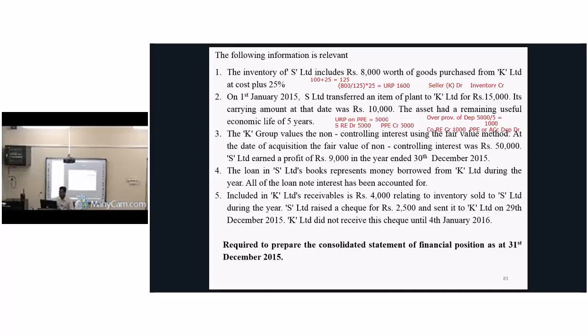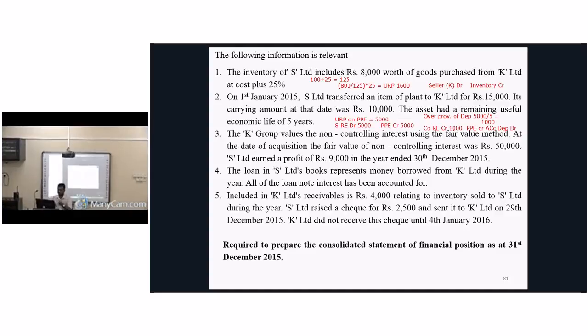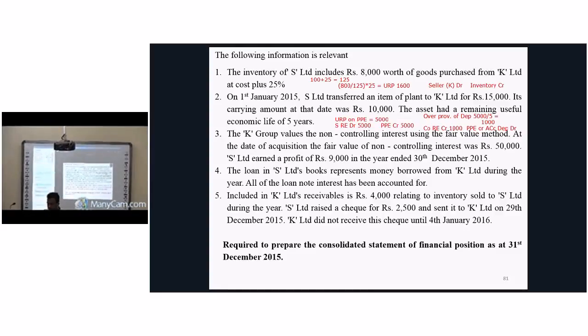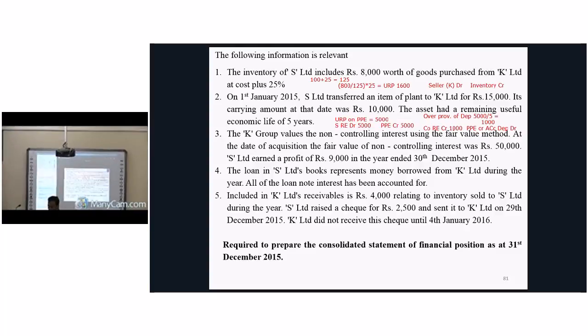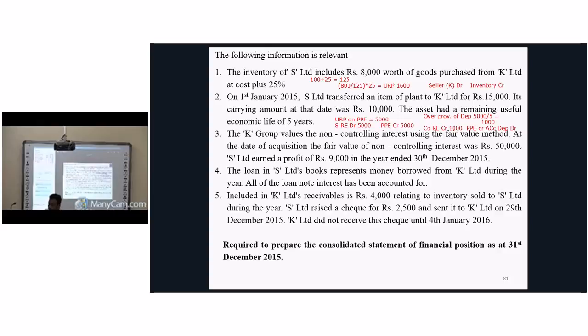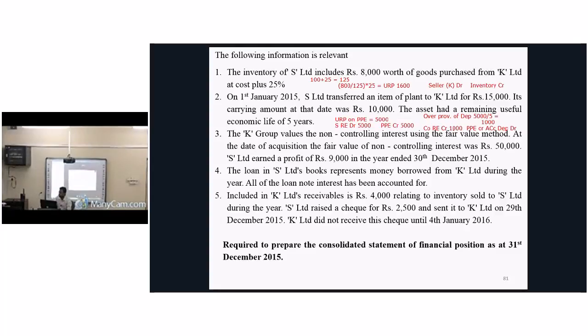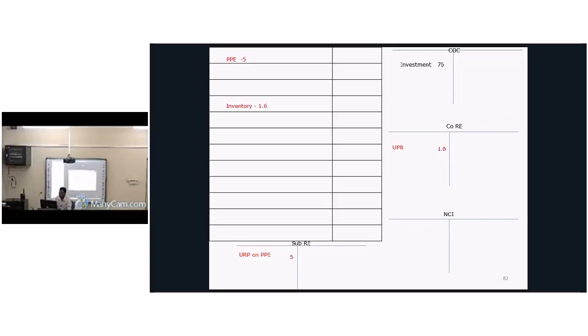In this example we don't have accumulated depreciation. So we have to reverse the over provision of depreciation now.